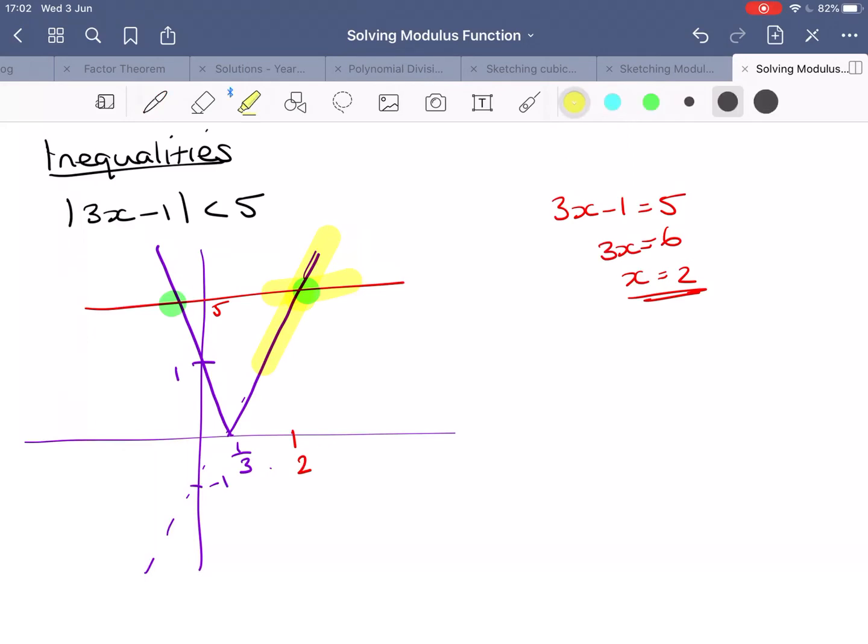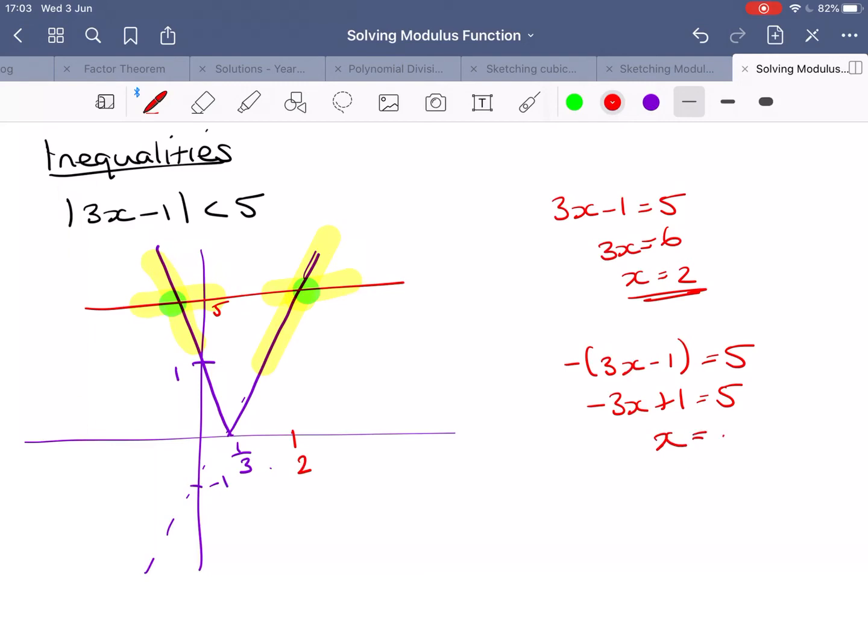And then for the other, I've got the negative version of the line crossing y equals 5. So I've got minus 3x minus 1 equals 5. So minus 3x plus 1 equals 5. Take away 1 from both sides and divide by minus 3. And you get x equals minus 4/3. And again, if you put that on your graph, that looks a reasonable answer.